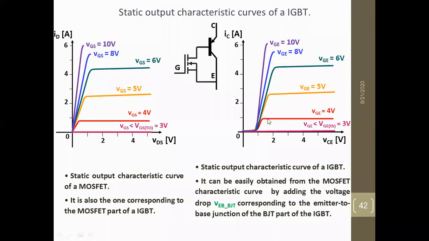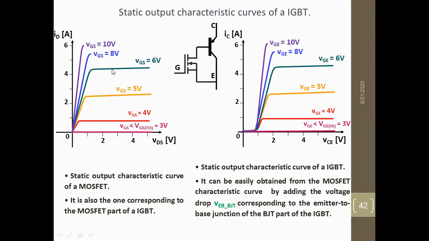If the gate emitter voltage increases, it becomes 4 volts, 5 volts, and then 6 volts. With the voltage value improving, the collector current increases, with Vg equal to 10 and 8 volts, as seen in the blue and black curves. These are also the static output characteristics of the MOSFETs.